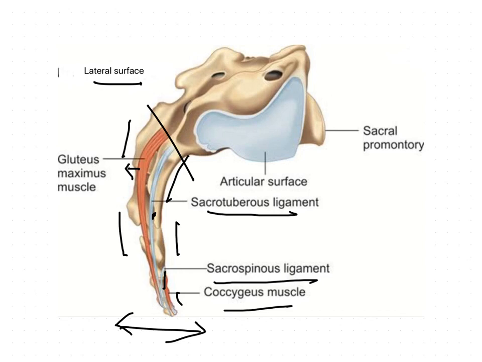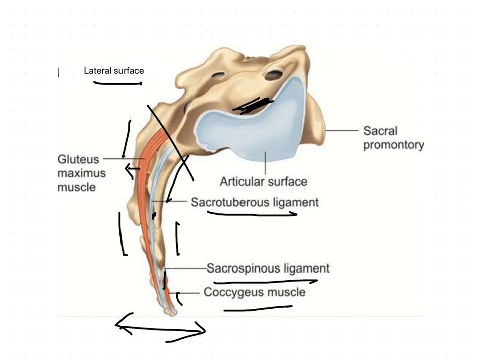And to the rough area behind the articular surface, it gives attachment to the dorsal sacroiliac and interosseous ligaments. Two ligaments are attached on the roughened part behind this articular surface: the sacroiliac ligament and the interosseous ligament, especially on the dorsal aspect, that is the dorsal sacroiliac ligament.